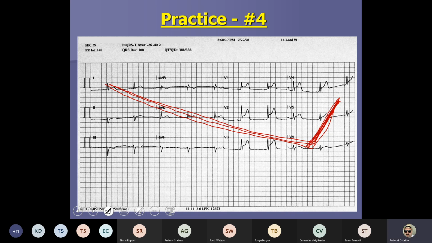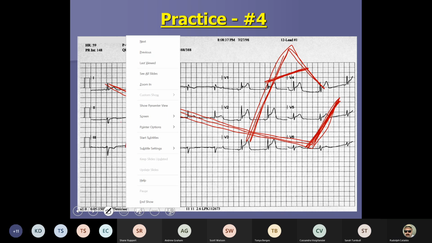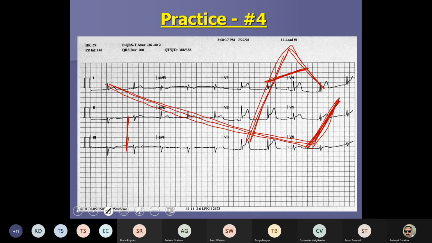V1, V2, V3, V4 are anterior, so you make a big A. 2, 3, and AVF are inferior, so you make a big I. Is everybody able to see that?